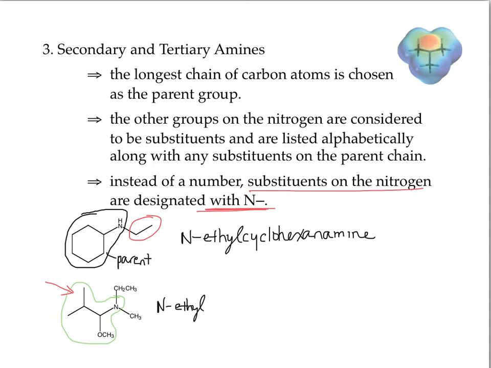Now the methoxy, I guess we better number our parent here. We're going to give the nitrogen the smallest number on the chain, so here's 1, 2, 3. It's a pretty short little chain. It's a propane chain. The methoxy is at number 1, as is the nitrogen. So we'll have N-ethyl, and methoxy comes before methyl, so it will be 1-methoxy.